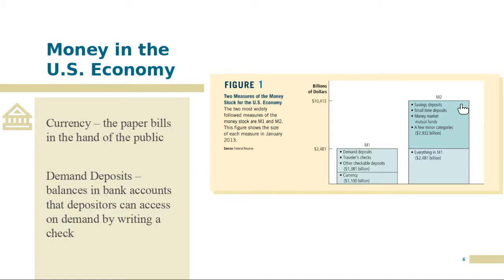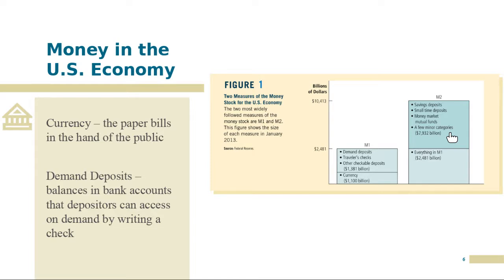Oh, real quick, one more thing I want to add though. M2 basically factors in accounts that you cannot spend but are almost instantaneously convertible to cash. So for example, your savings account, right? You can't spend your savings ATM card. You can't swipe it at a store, but you can log on your phone, transfer the cash from your savings account to your checking account, and then instantly spend it.